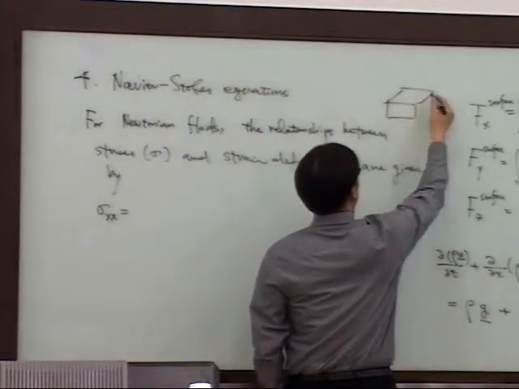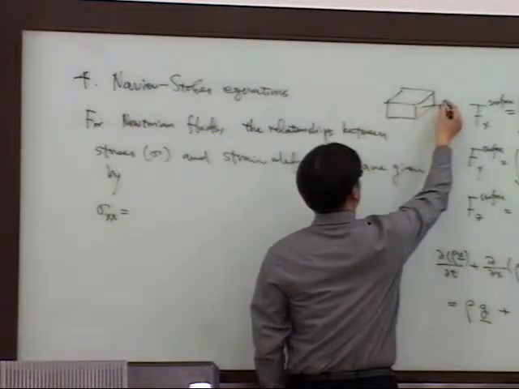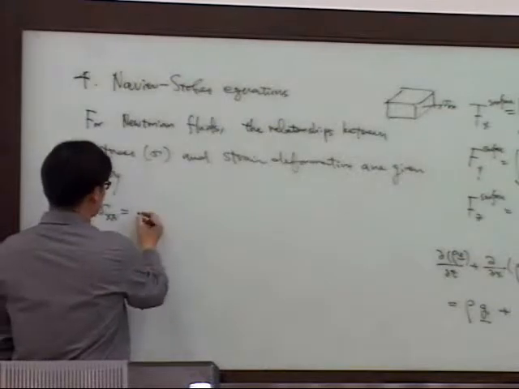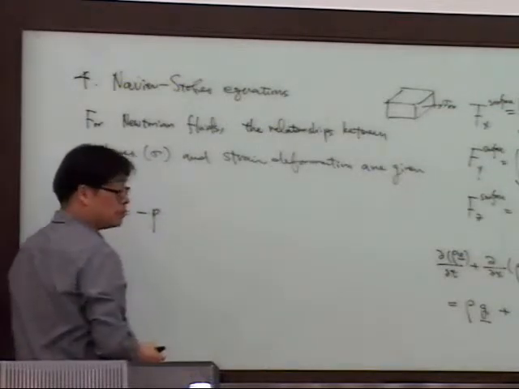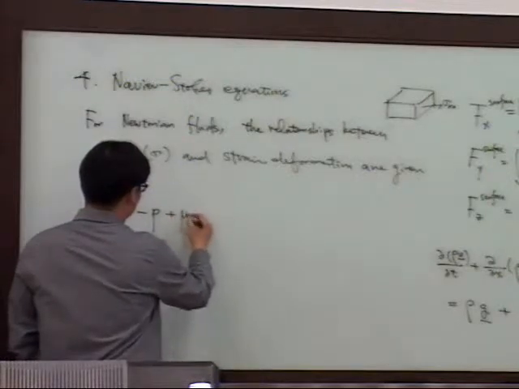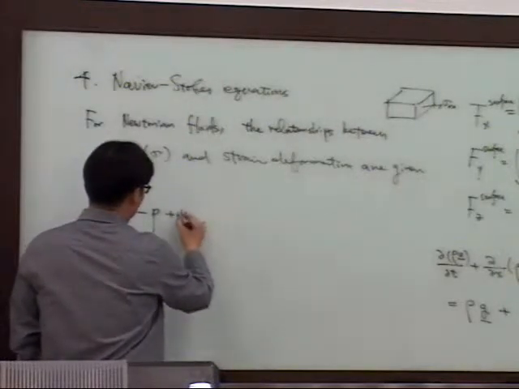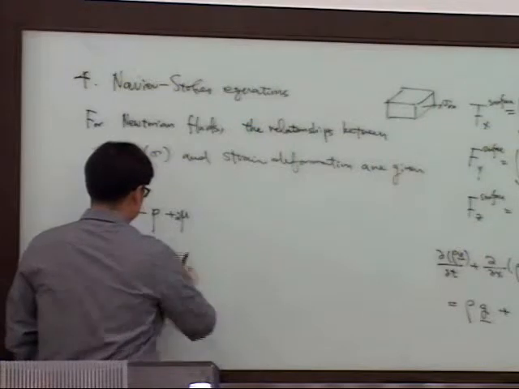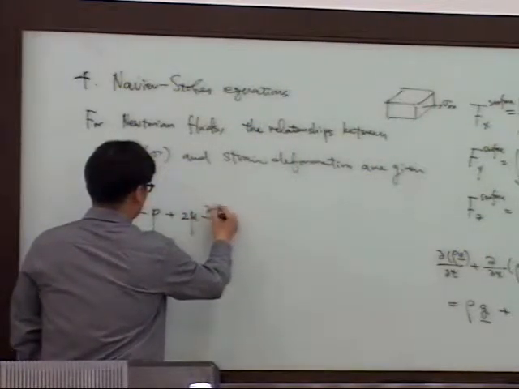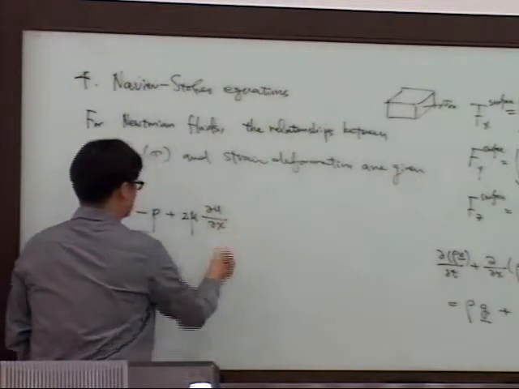So this time, sigma xx is given by minus pressure plus 2 mu du dx.